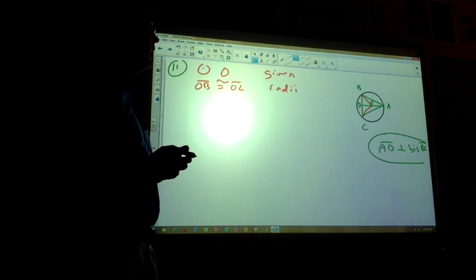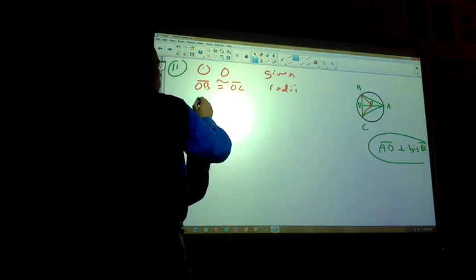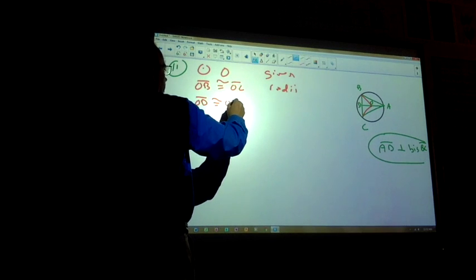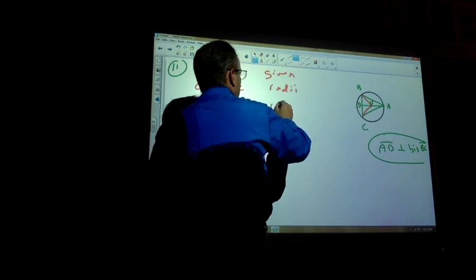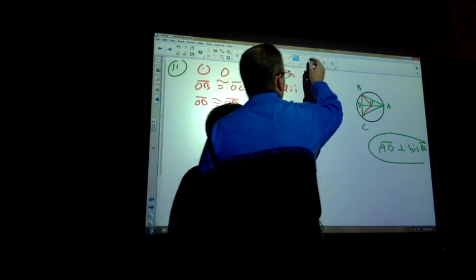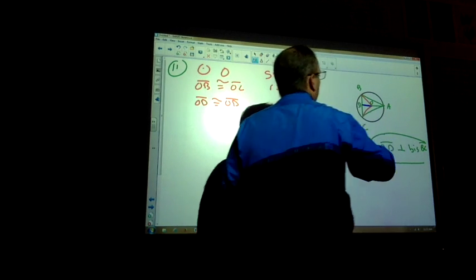If you threw that in there, that'd be fine. So if I could state that, you know those red lines are congruent. What else can I state? Oh, then I could go OD is congruent to OD, and the reason is reflexive. So then that tells me this, which is great.